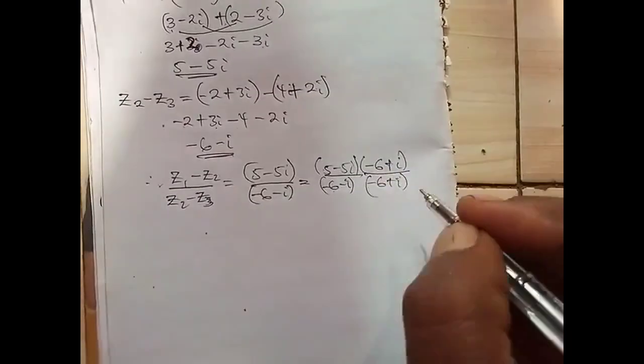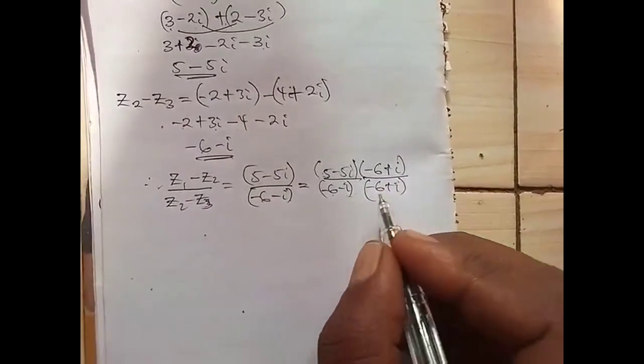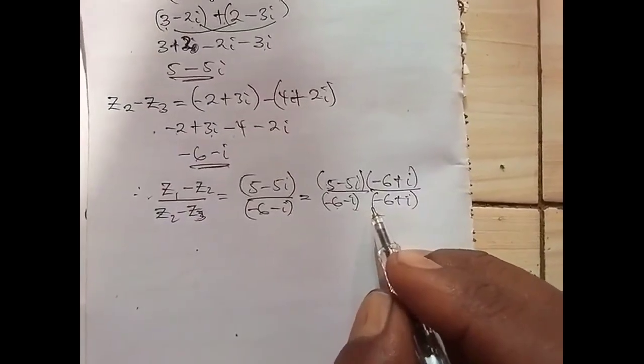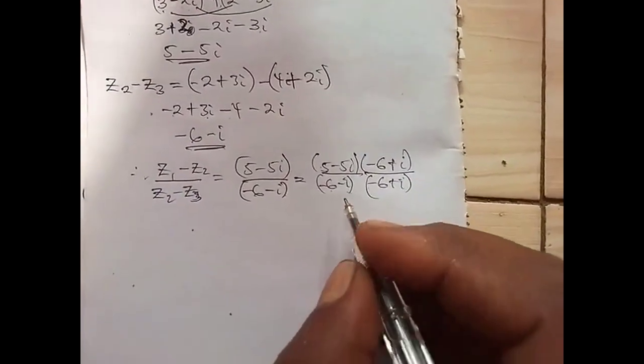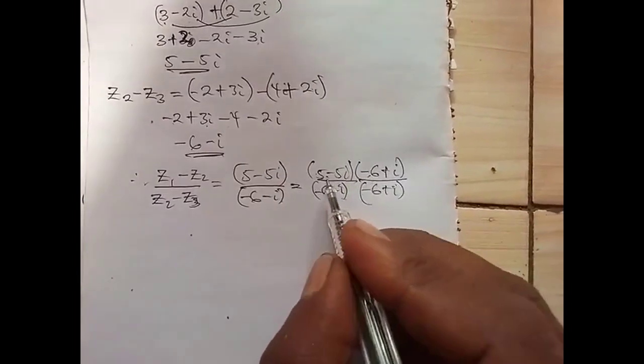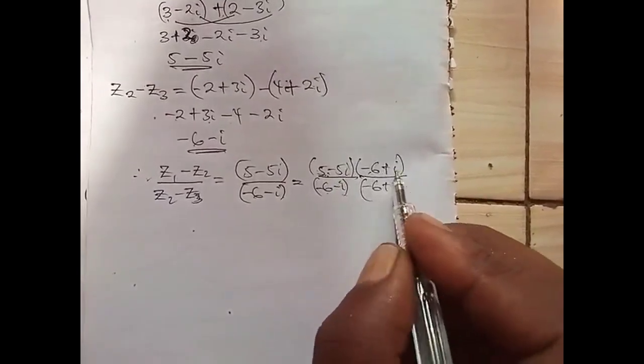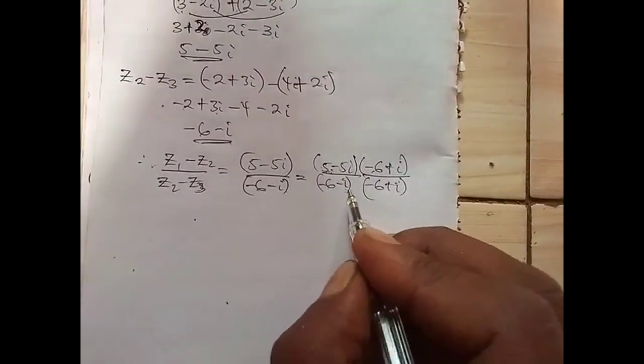The reason is that a complex number cannot be a denominator, so we rationalize so that the denominator will not have a complex number. We multiply each term by each term.